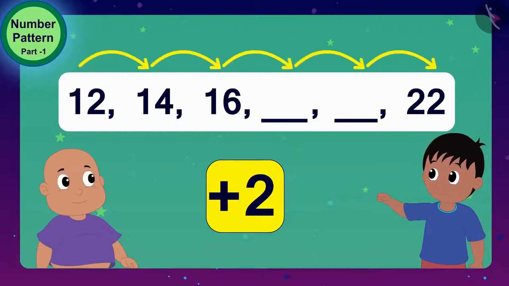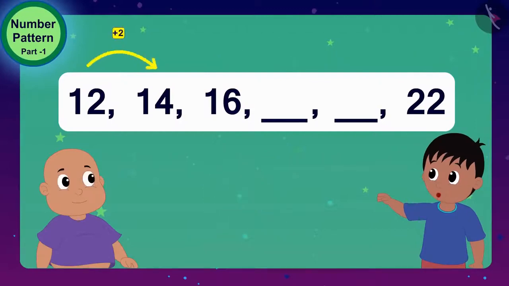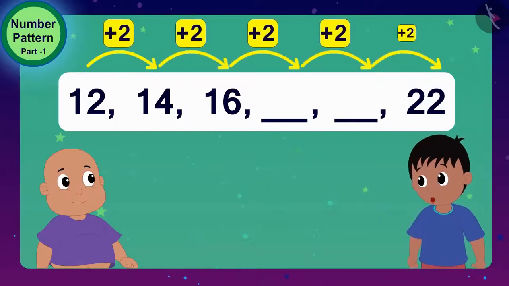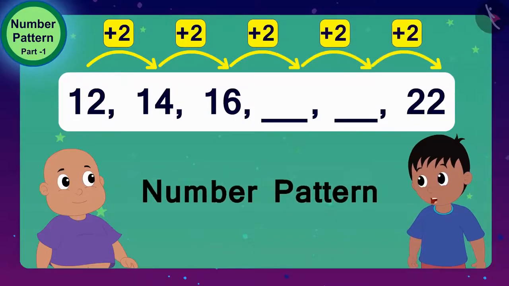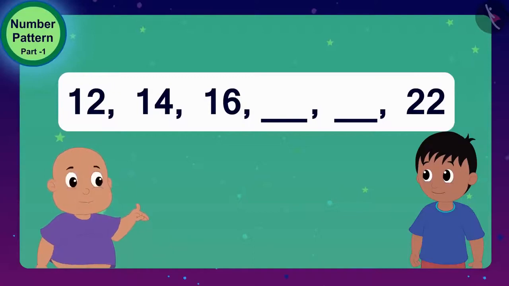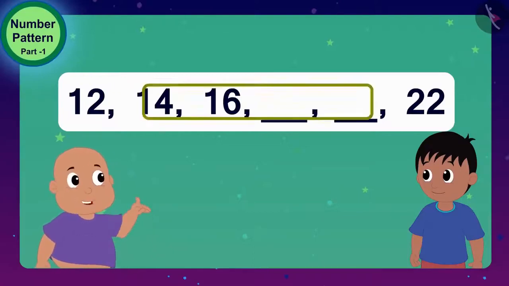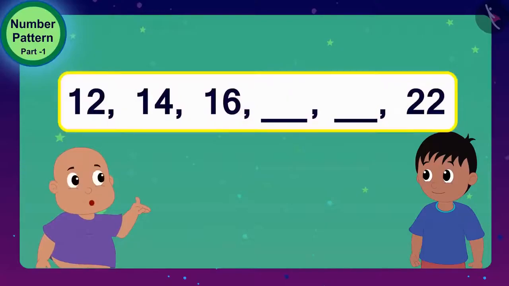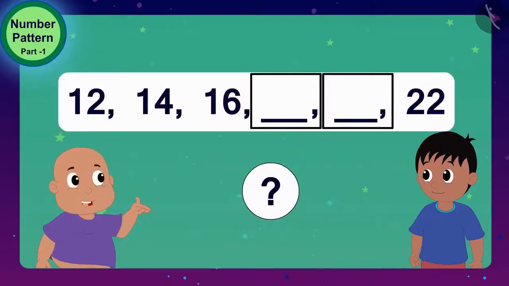And Bablu, do you know, such groups of numbers in which numbers follow a particular rule, we call them number patterns. Hey, wow, Raju. This number pattern is so interesting. So, what do we have to do to get the next number in this number pattern?